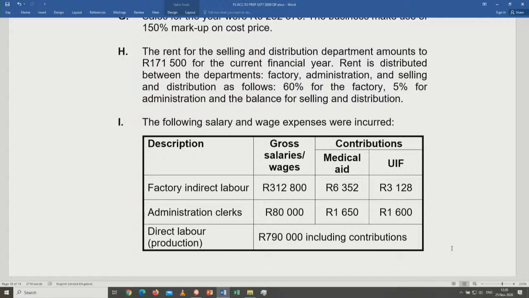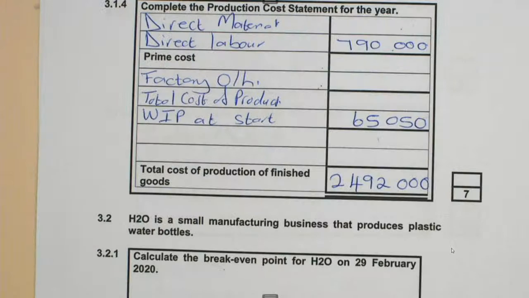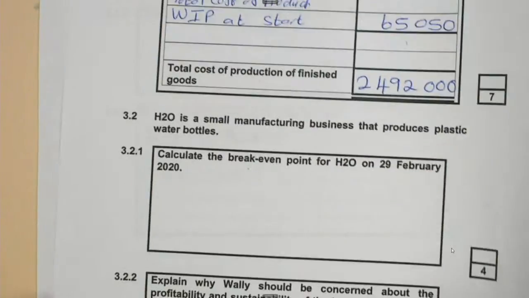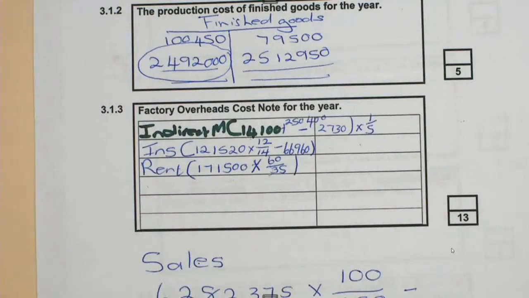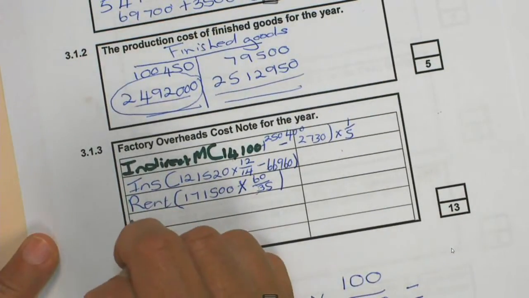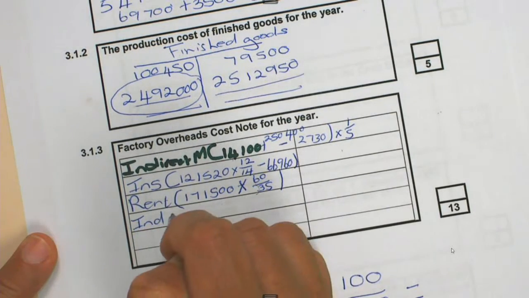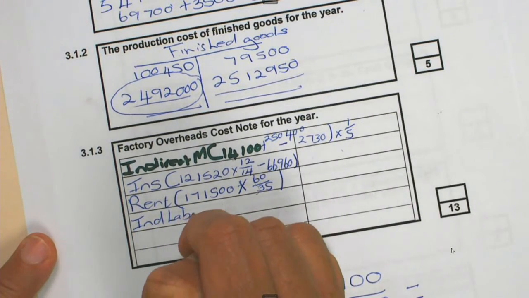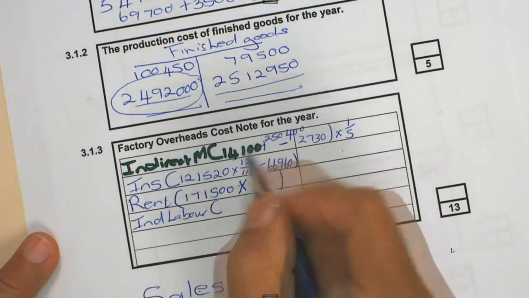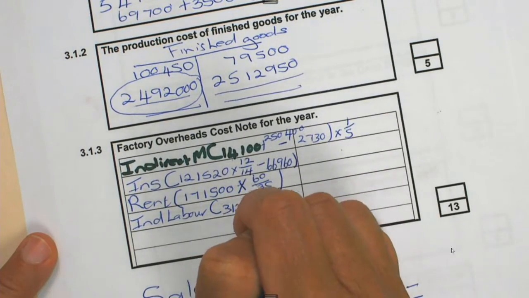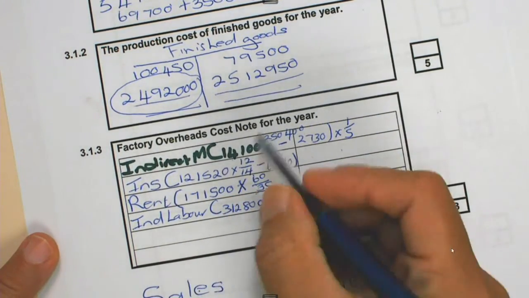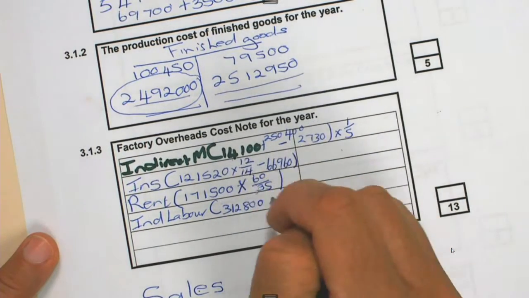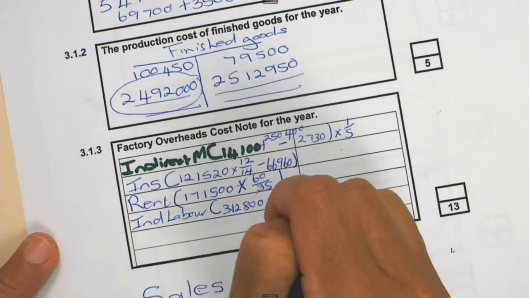Let's go to our answer book and then we do that. Indirect labor. Okay. This is labor. So we're going to take out 312,800 plus your 6,352 of the contribution.